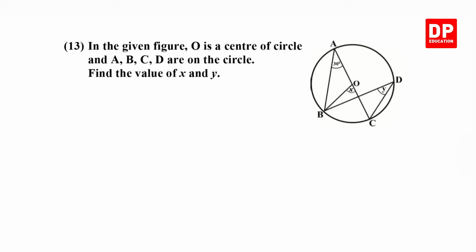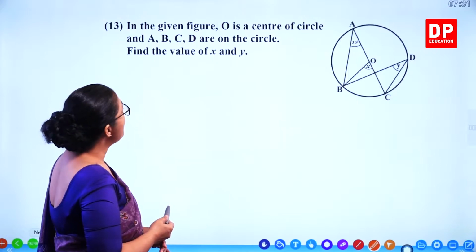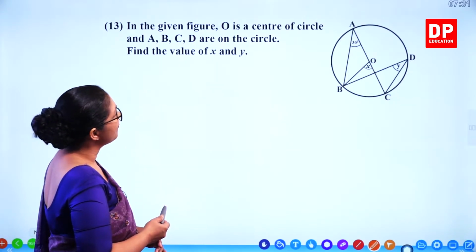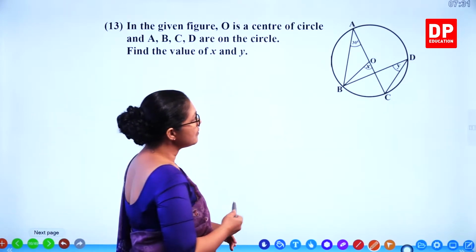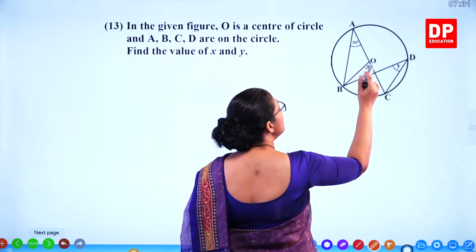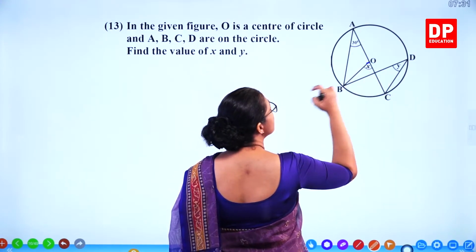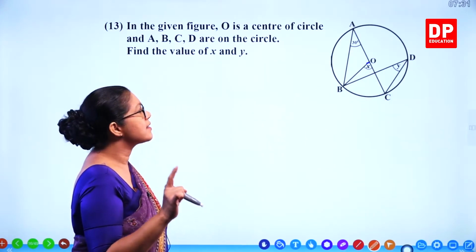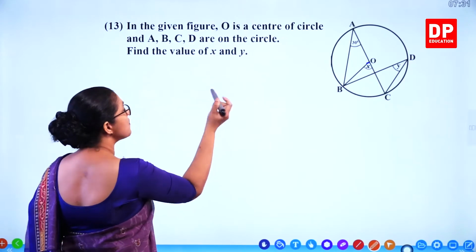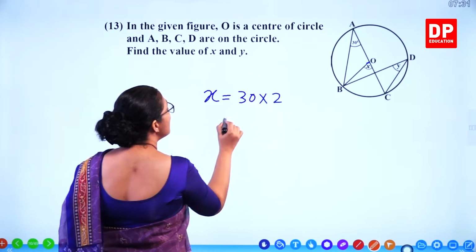Question number 13. In the given figure, O is the center of the circle and A, B, C and D are on the circle. Find the value of x and y. O is the center. Now look at this, the angle subtended at the center, x. What is this one? Angle subtended on the circumference. So x becomes double of that according to the theorem.